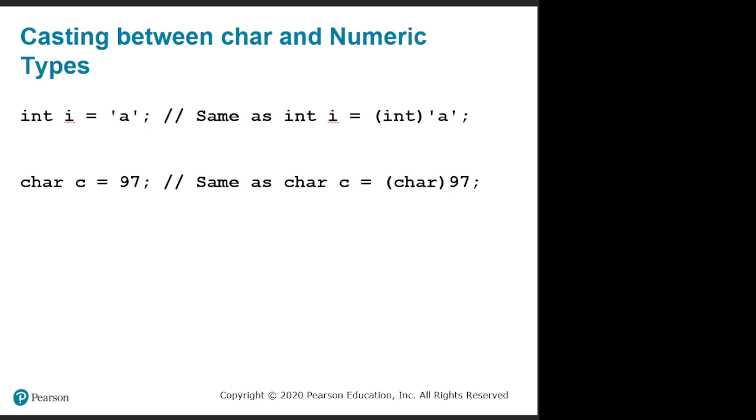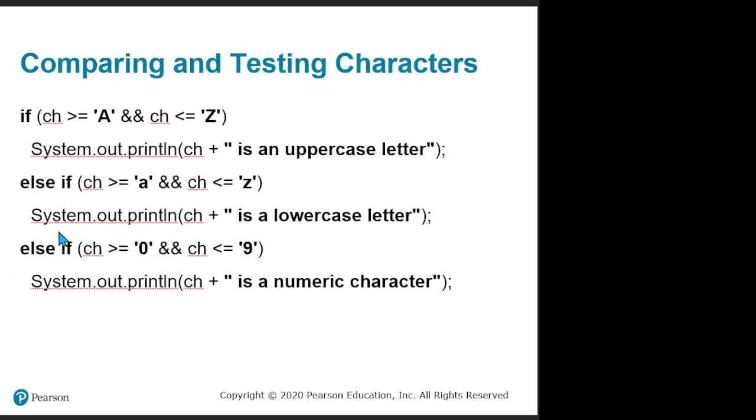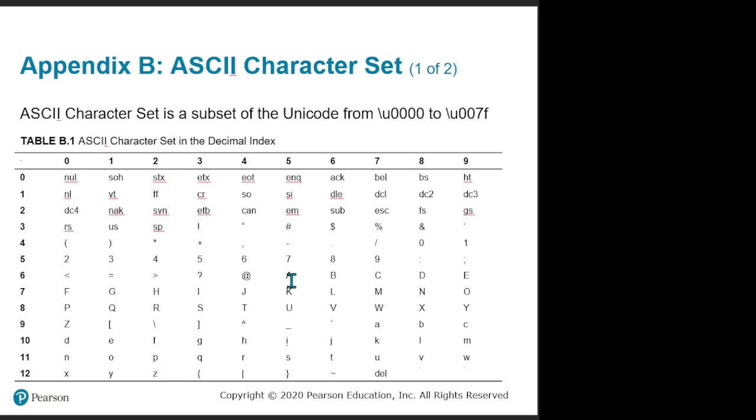Now we can test characters. So we can compare if a character has a less than, greater than, or equal to value. So here, this is a number. Go back to our ASCII table here as I jump back to it. Capital A is decimal 65, and capital Z is decimal 90.